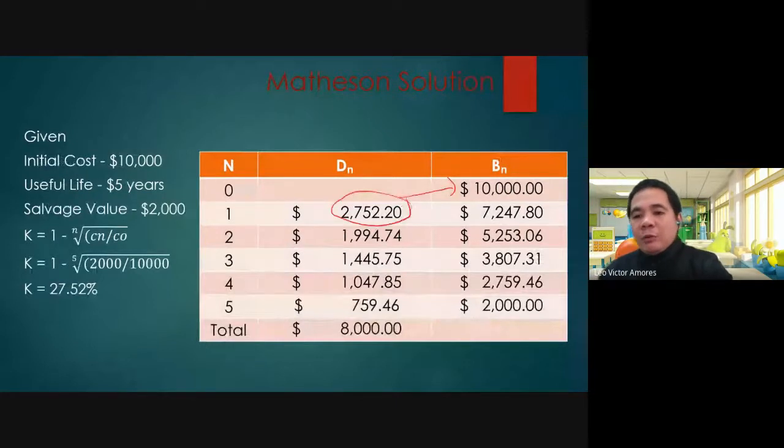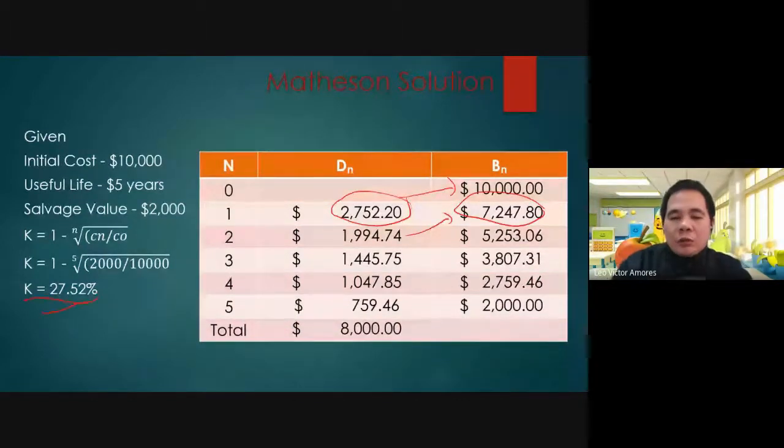Okay? So ang imong book value diri mao gyapon imong i-multiply sa 27.52. When you compute it basing on the Matheson equation, you do not need any adjustment on the succeeding years or in the last year, because that is already a constant percentage method wherein you do not need any more adjustments. The Matheson equation is also referred to as the declining balance method, not unless the multiplier is provided. Okay?